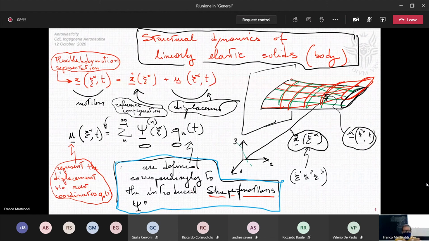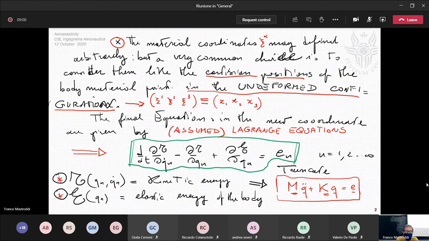If you assume this structure for the solution of the problem, and you are able to express the kinetic energy of the elastic body, indicated by T, and the elastic energy of the flexible body, with capital E, then the equations of motion can be expressed in terms of these new Lagrangian variables by this equation here, also known as the Lagrange equations of motion of the flexible body.